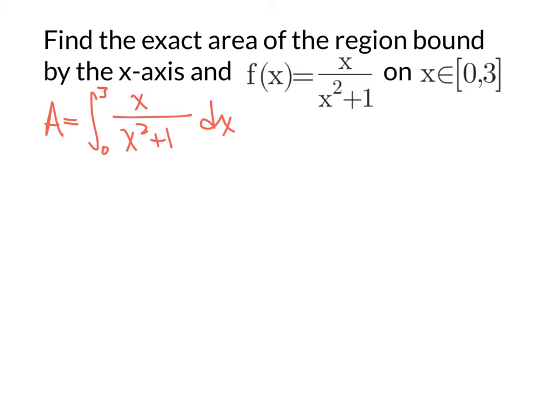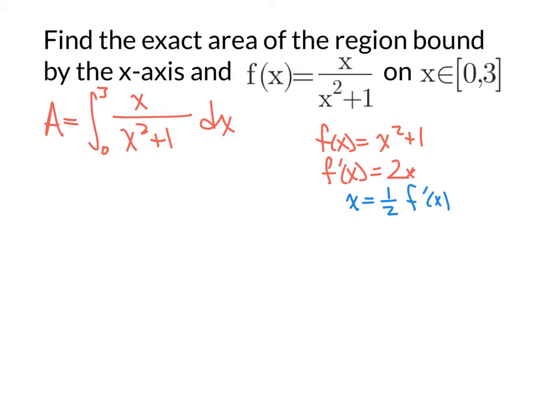Now we recognize that if f of x is our denominator, x squared plus 1, the derivative of that would be 2x, which is not our numerator. Our numerator is only 1x. So if we wanted 1x, that would be half of f prime.